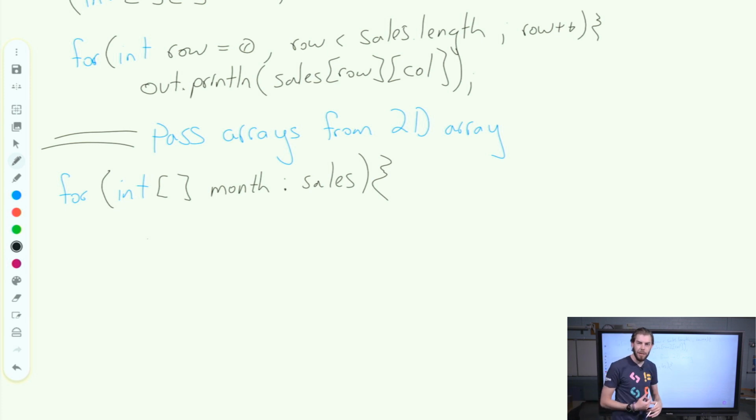So maybe I have a method that finds and prints out the sales data. So I could have a method called printSales, and I pass my printSales my month.